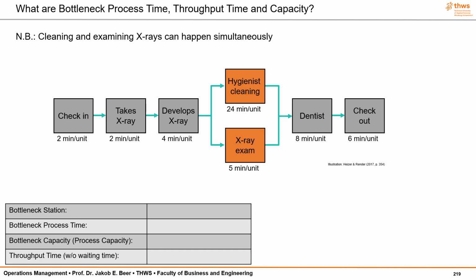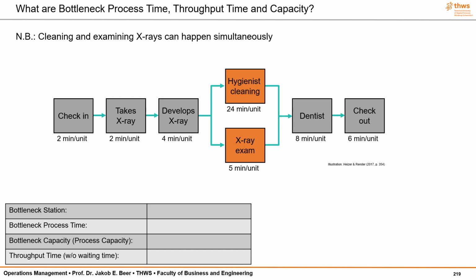The bottleneck capacity is the inverse of the bottleneck process time, so the inverse of 24 minutes is 1 divided by 24, and then we multiply that with 60 because we would like to understand how many patients can be processed per hour, per 60 minutes. And that would give us 2.5. So the capacity is 2.5 units per hour. Okay, so far so good. There has been no difference to the previous example thus far.